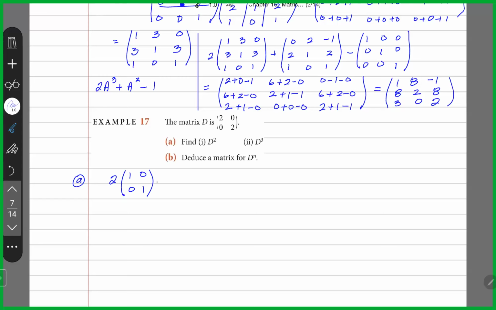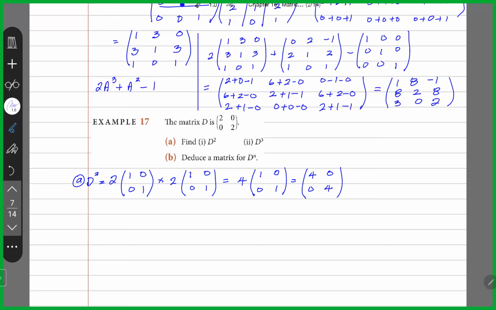And D squared is 2 times 1, 0, 0, 1 multiplied by 2 times 1, 0, 0, 1. 2 2s are 4. And when you multiply the I matrix by the I matrix, you get back the I matrix. So for me, the answer here is 4, 0, 0, 4.